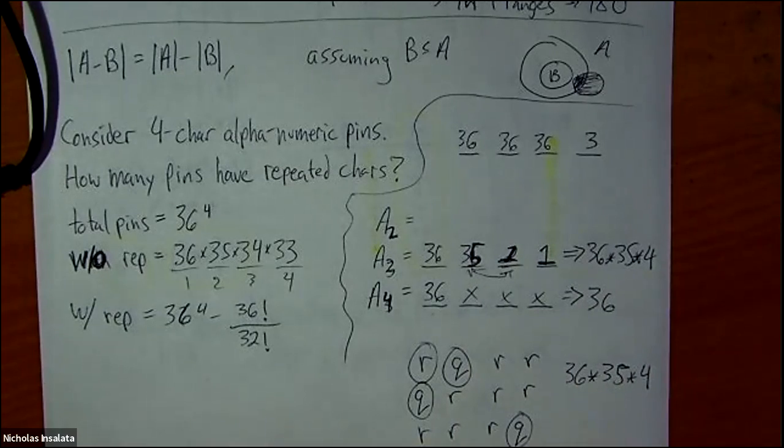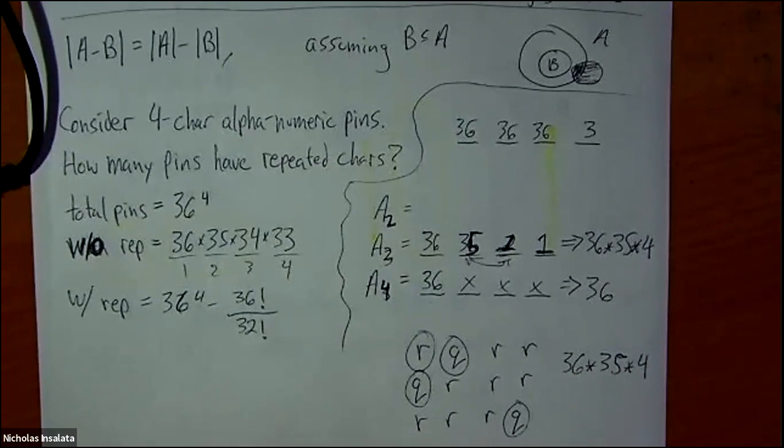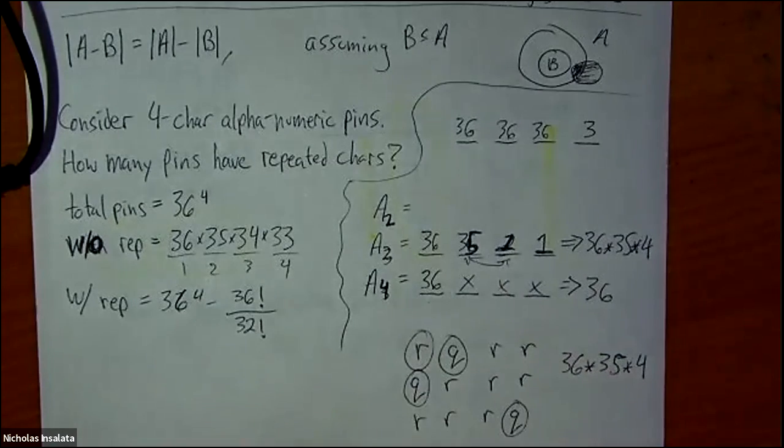Okay. Well, what about A2? What's going to happen there? Well, again, I don't think thinking about which one to duplicate is necessarily the best way of going about this.